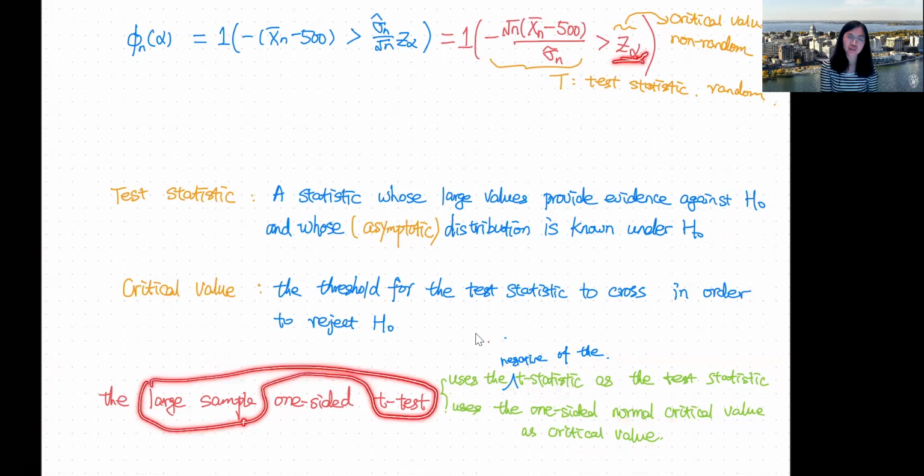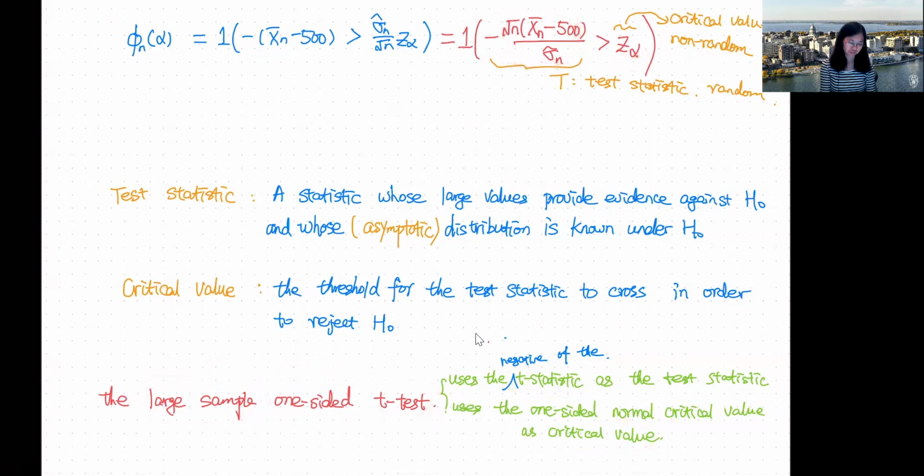Standard normal is based on the large sample distribution of the test statistic. It is a large sample one-sided t-test because our alternative is a one-sided alternative. So this particular test is a large sample one-sided t-test.